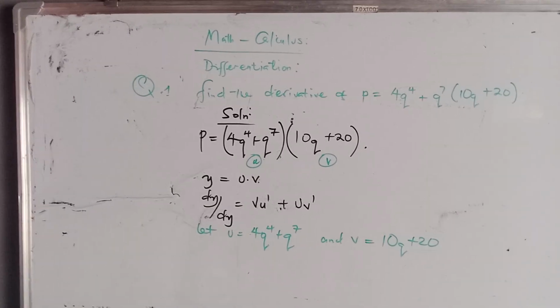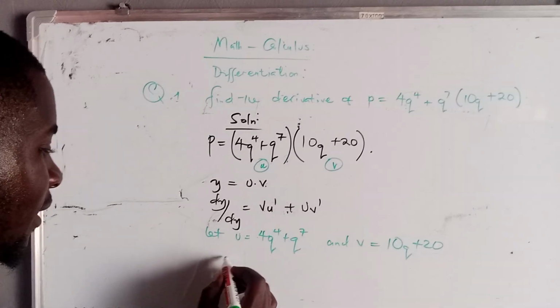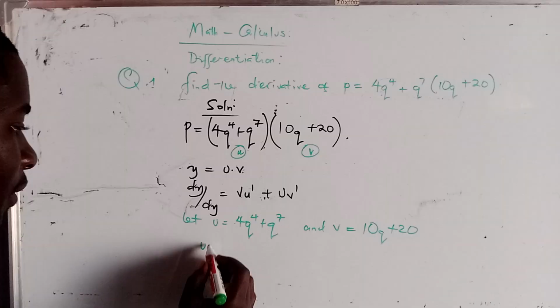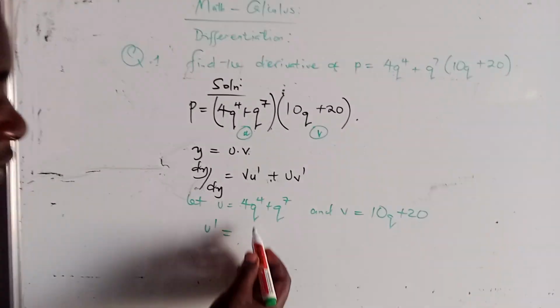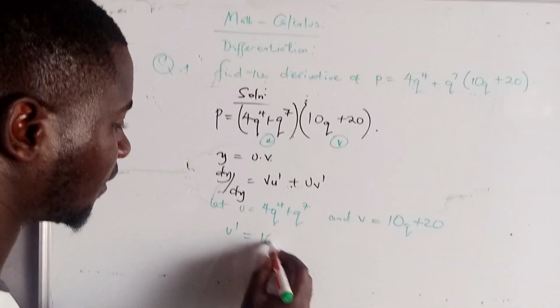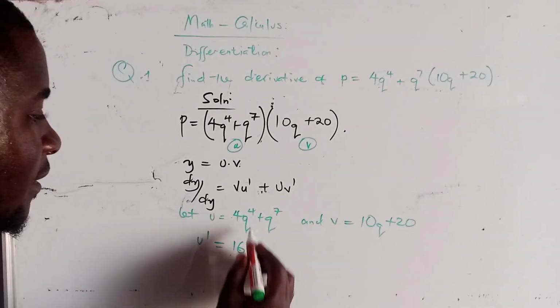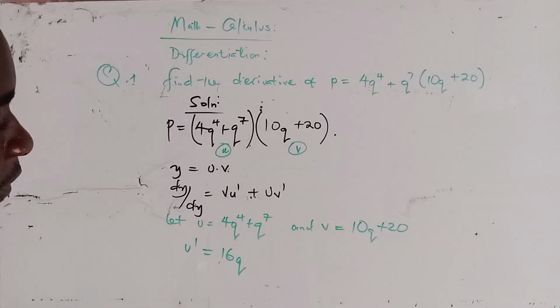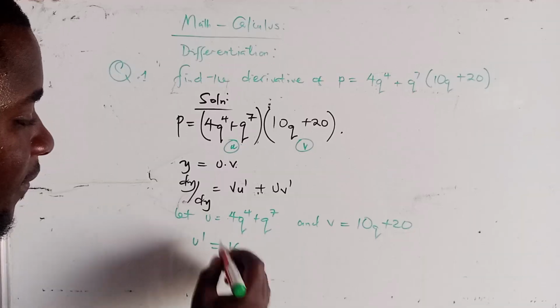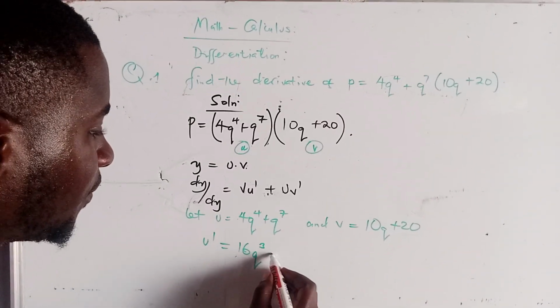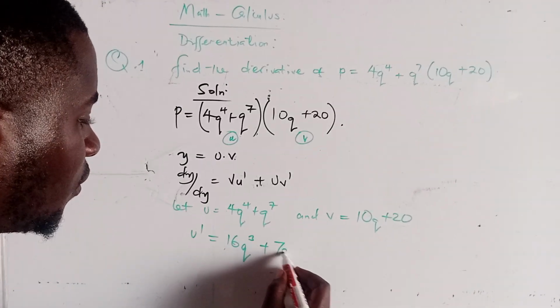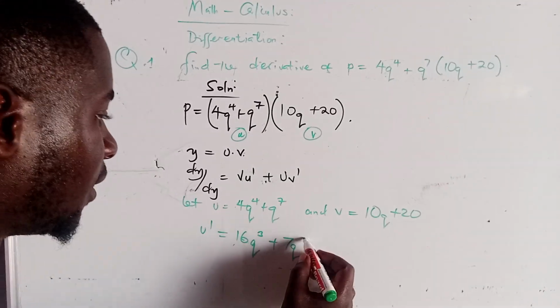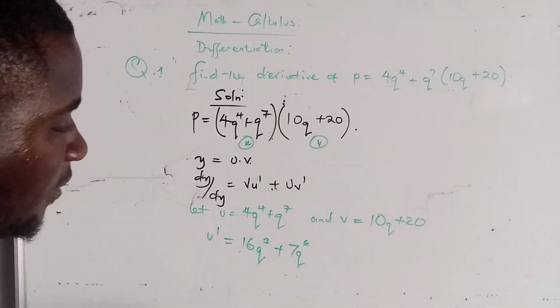What do we do from here? We find the derivative of u, which is u prime. You drop the power, 4 times 4 is 16, q, then subtract 1 from the power, so we have 3 there, plus 7 drops down, and we remain with q to the power 6.